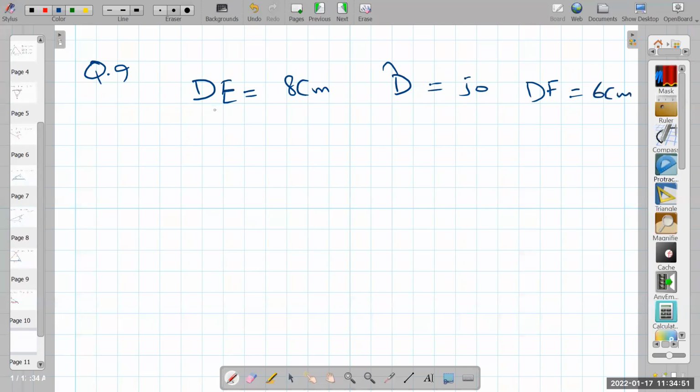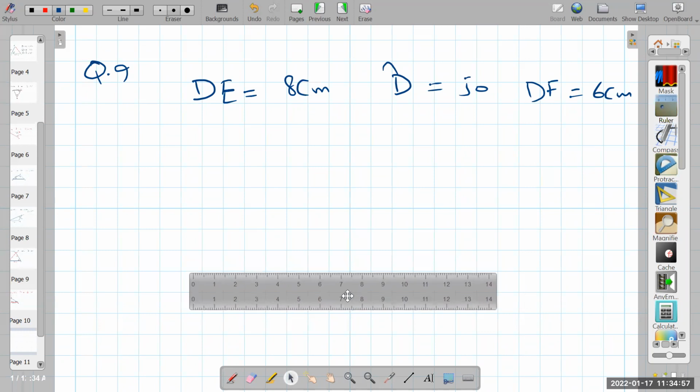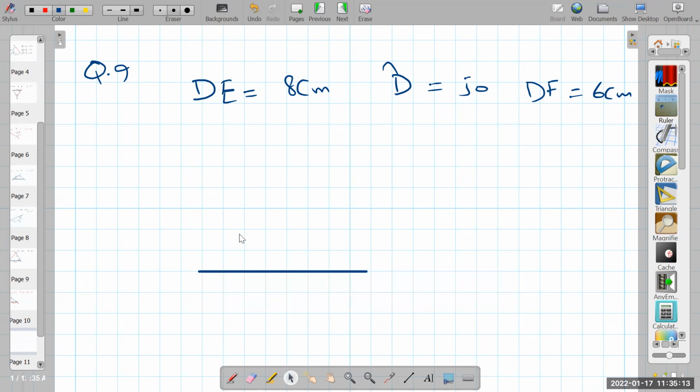So now the first thing, we will draw DE, 8 centimeters. D and E 8 centimeters.